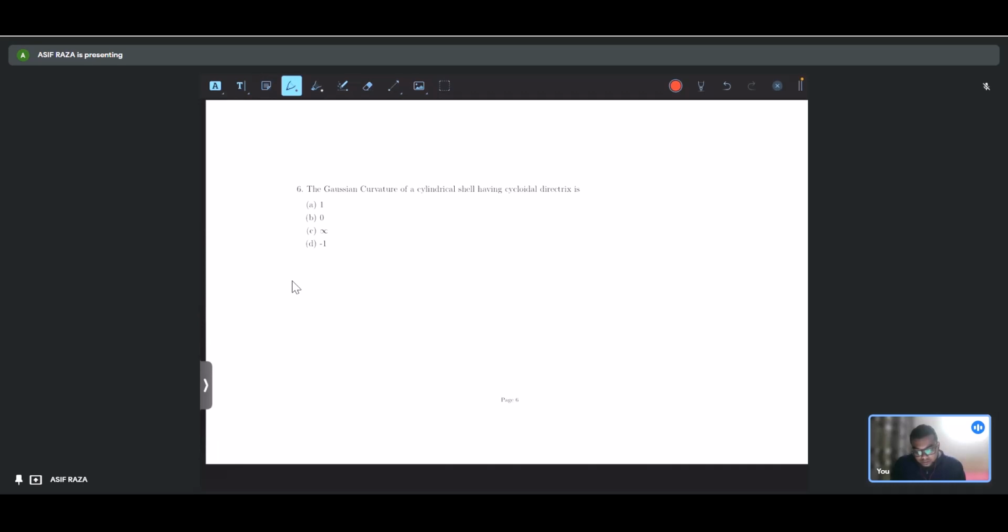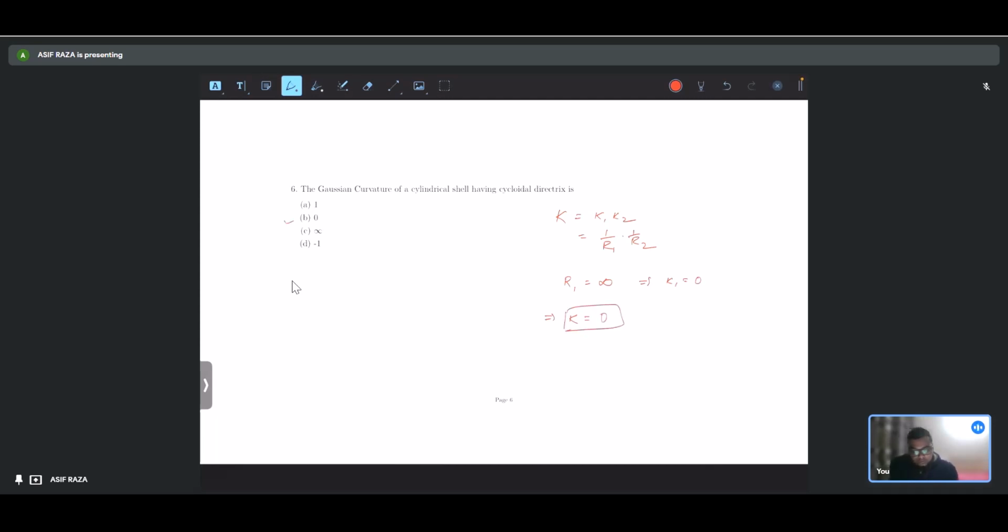The Gaussian curvature of a cylindrical shell having a cycloidal directrix is: we know the Gaussian curvature is found by multiplying the principal curvatures, 1 by r1 times 1 by r2, and we know that r1 is equal to infinity, that is k1 equal to 0. So this gives k equal to 0.